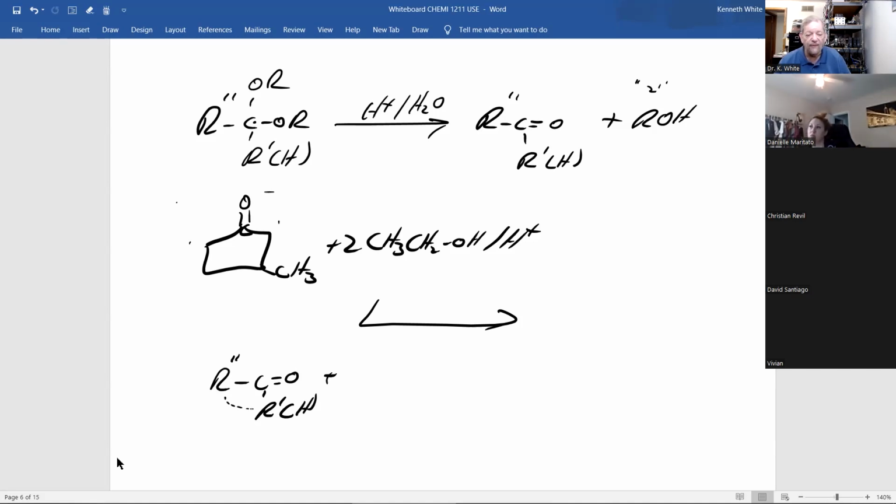Two of something: carbon-carbon hydroxyl group, alcohol, acid catalyst. And what do you get? Keep your eye on the carbonyls. Carbon, what's attached to it is still attached to it.